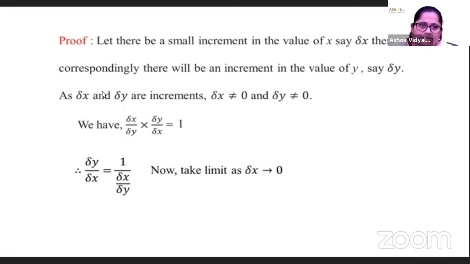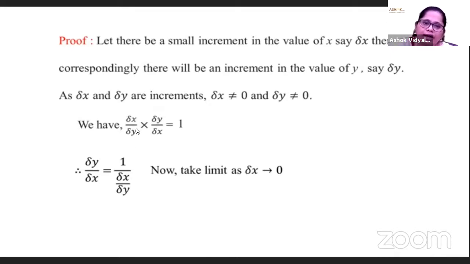Now the proof of this theorem: let there be a small increment in the value of x, say delta x. Then correspondingly there will be an increment in the value of y, say delta y. As delta x and delta y are small increments, delta x is not equal to 0 and delta y is also not equal to 0.